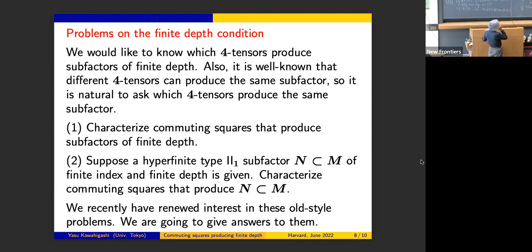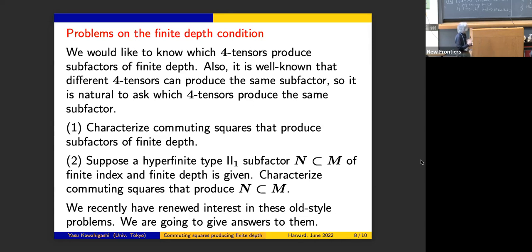From the deep classification of Popa, we know that we have a kind of canonical commuting square which produces the given subfactor in M. But there are lots of different commuting squares which could produce the same subfactor. So this map is not one-to-one at all, from a commuting square to a subfactor.